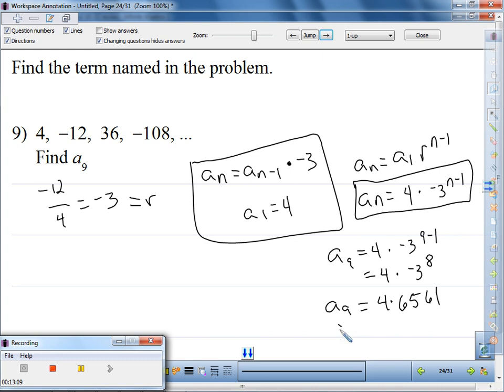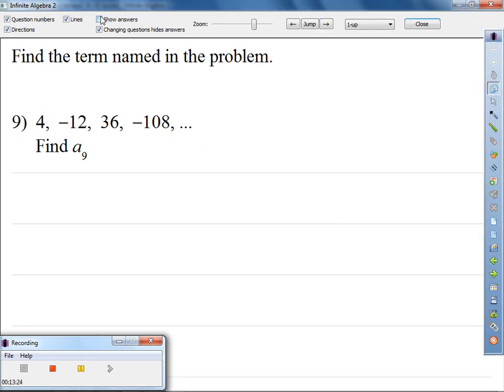Okay, we end up with this. Okay, so a sub 9 is equal to 26244. So that's our ninth term. Okay, and just to check our answer, we'll see what the computer came up with. And the computer came up with this, and that's what we came up with as well.